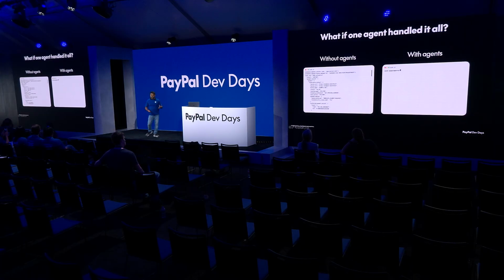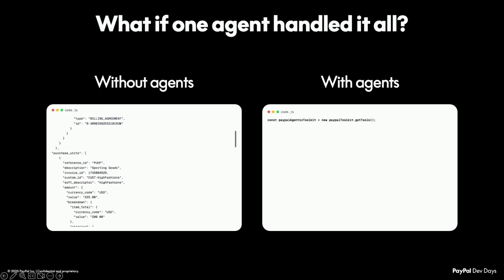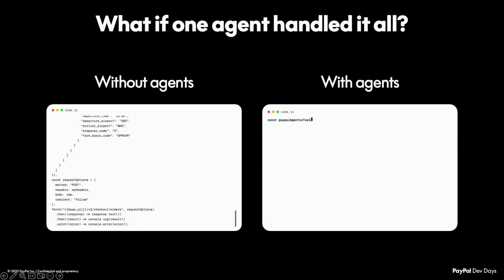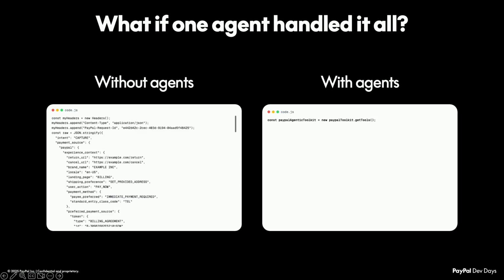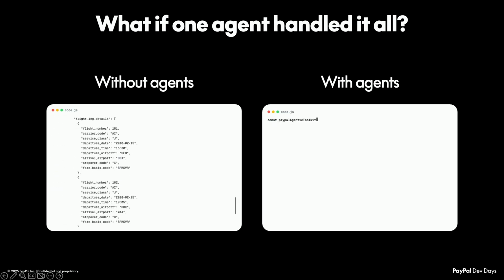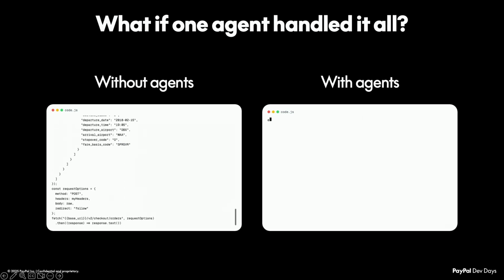So what if we have an intelligent agent available? What if I can simplify the integration activities for you? And that's the power of the agentic solution. So let's consider the agentic capabilities we have built in PayPal. On the screen, you can see on the left side, without agent capability, all the complex code and logic you have to start with when integrating with each API, because it requires you to find out the specific needs for each of these integrations.